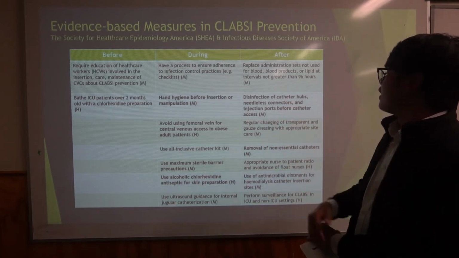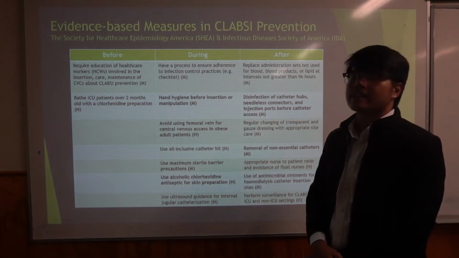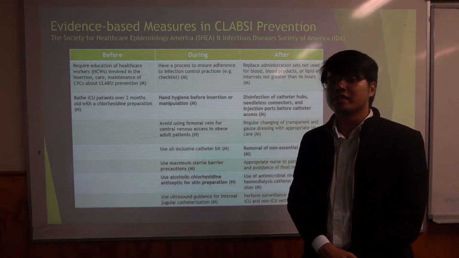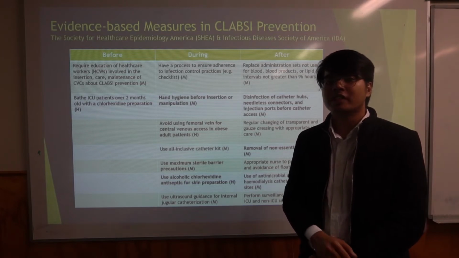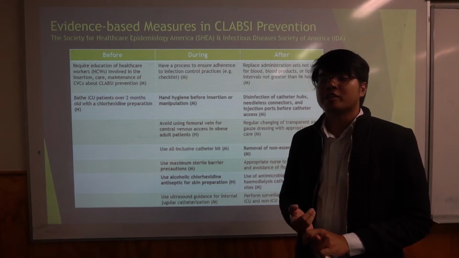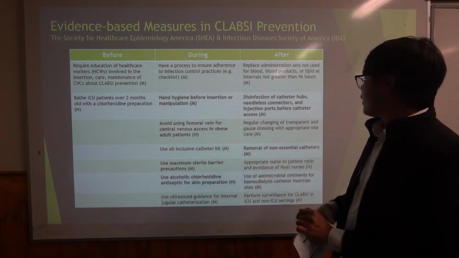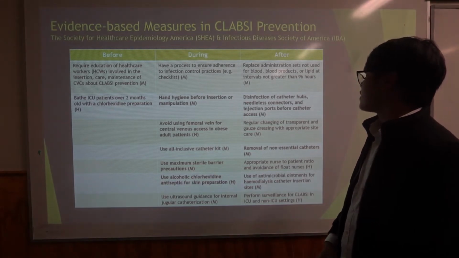Disinfection of catheter hubs, needles, connectors, and injection ports before catheter access. So before nurses and allied health professionals get blood or insert medications in the catheter hub, it should always be cleaned to reduce the risk for infection. Regular changing of transparent and gauze dressing.